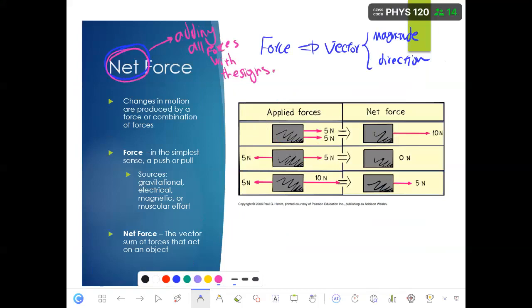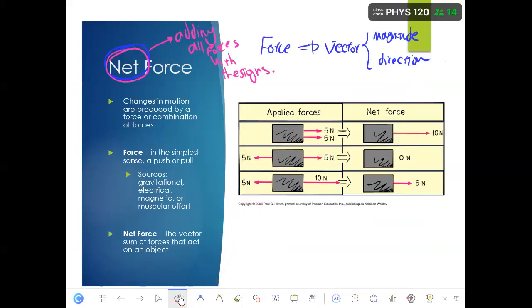How about the next one? The second one. How can I write? Okay, there is a box here and there are two forces, one to the right, one to the left. And I'm supposed to calculate the net force. How do I calculate the net force? I add forces with their signs. So how do I add these two forces?